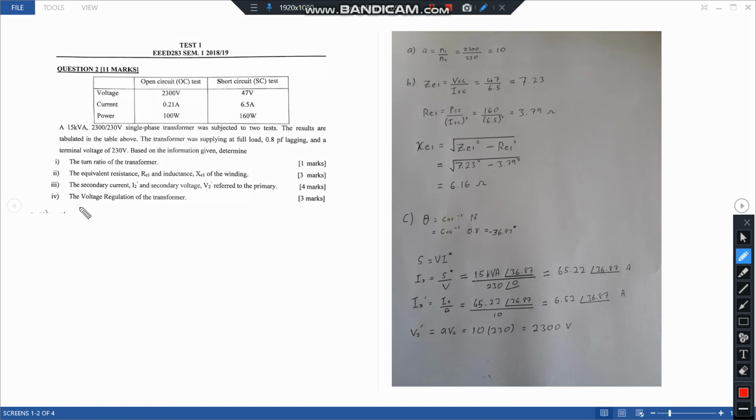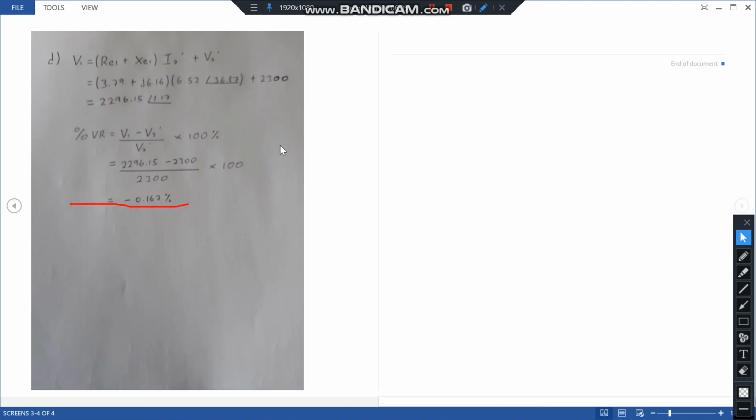Next, the last question is to find the voltage regulation of the transformers. You just need to use the simple formula. First, you need to find the V1, because the voltage regulation formula needs to use V1.